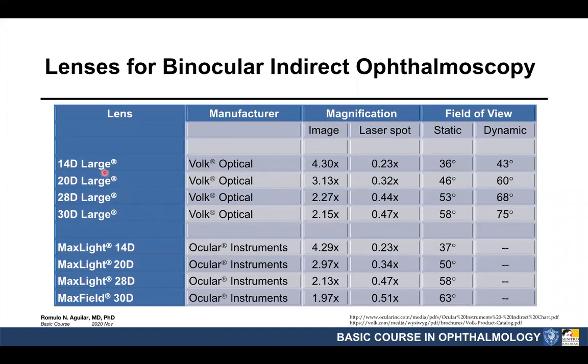So you will see as the power increases, the image decreases, but the field of view also increases. Again, 20 diopter lens is the standard. You can opt to get an extra lens, a 28 or a 30, depending on your needs.